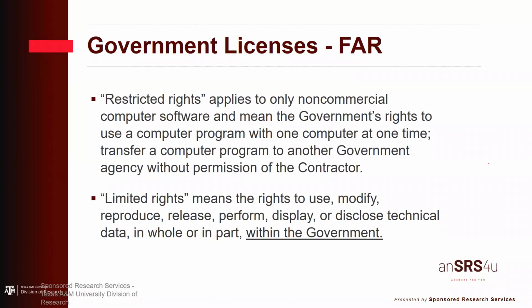And then even further down, there's limited rights, meaning the right to use, modify, and reproduce, but only within the government. However, these are not typically used except in fairly rare cases, because if we assert these limitations, the government wants to know why, and we have to provide an explanation and justification for why we want to assert these rights.